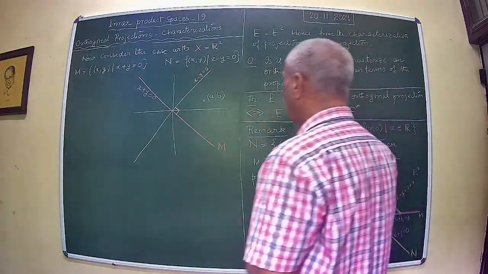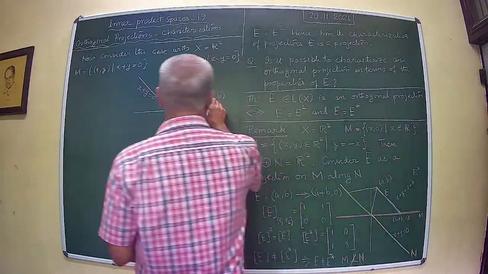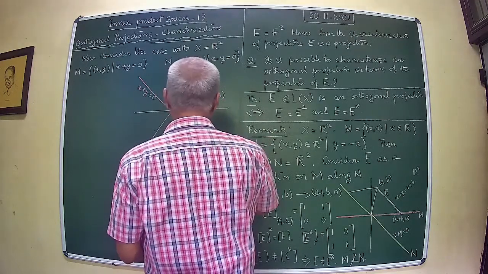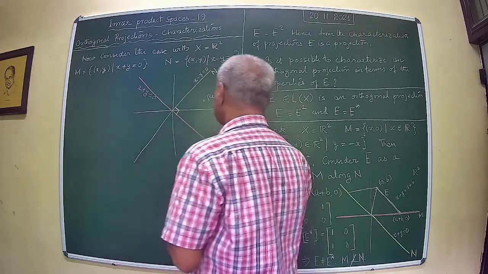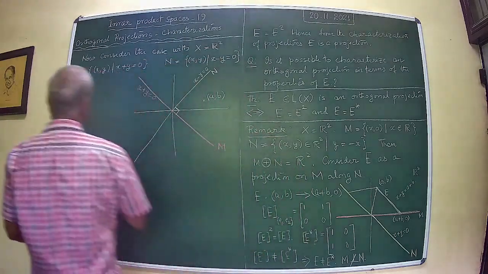Now we want to work out the projection of AB onto M along N. So N is orthogonal to M.